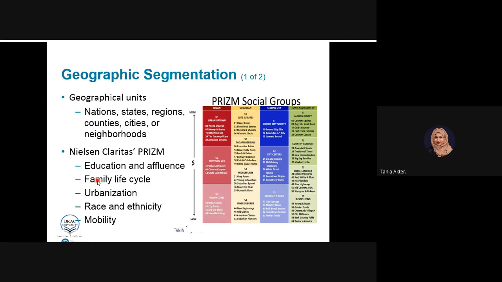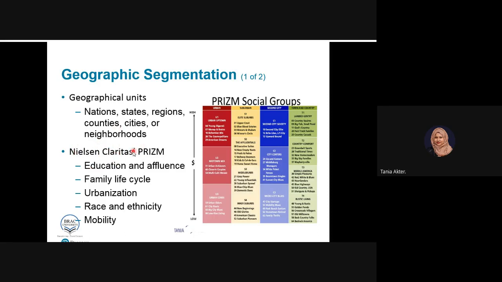First of all, the geographic segmentation. As I mentioned earlier, geographic segmentation is based on places. It can be nation, state, region, neighborhood, counties, or cities. Now you can see here a picture. It's called Prizm Social Group. It is developed by Nielsen Claritas, which is a part of Nielsen.